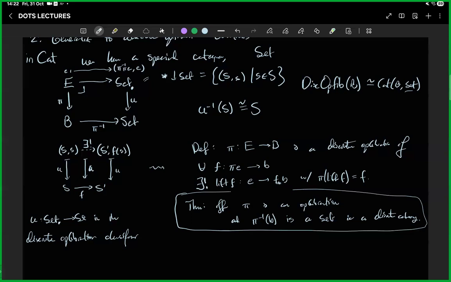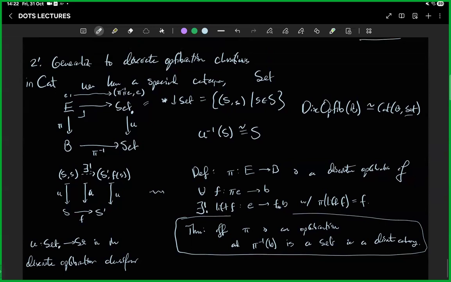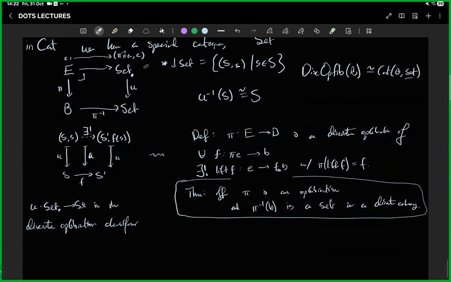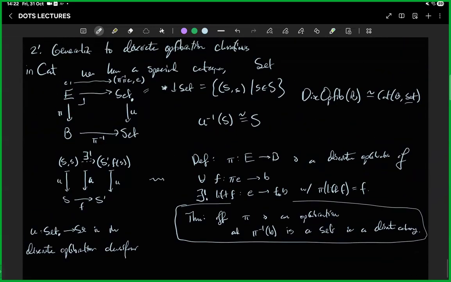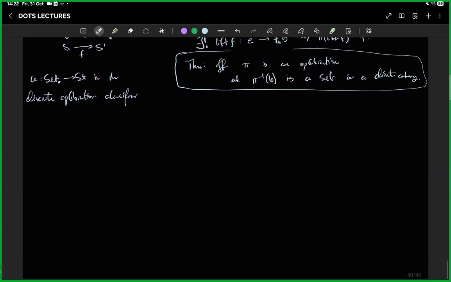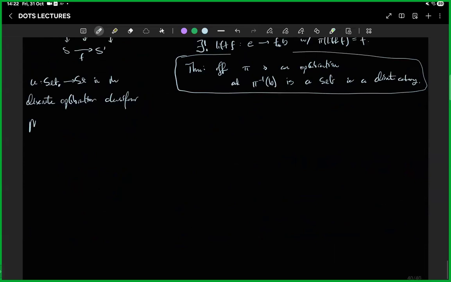Okay. Cool. So now we can see that it's not only Cat that has discrete op vibration classifiers, other two-categories have them too. I learned this from Masiti.